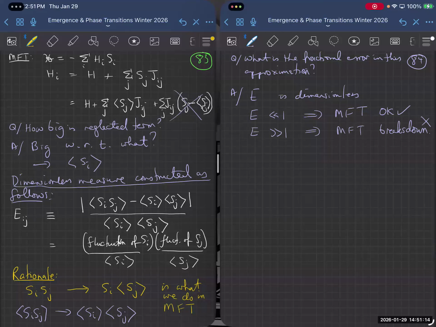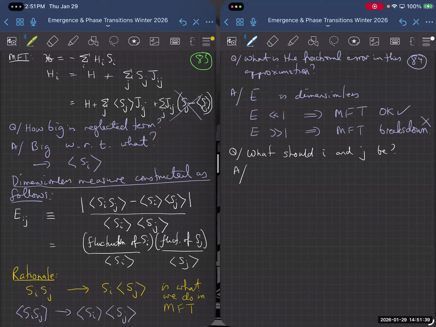Now, the question that we're going to have to ask is, what should I and J be? Our answer is, we're not going to just choose site 16, site 194. That would be silly. We're going to try to do something as an average.